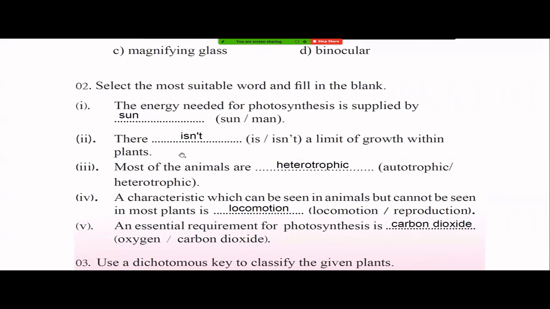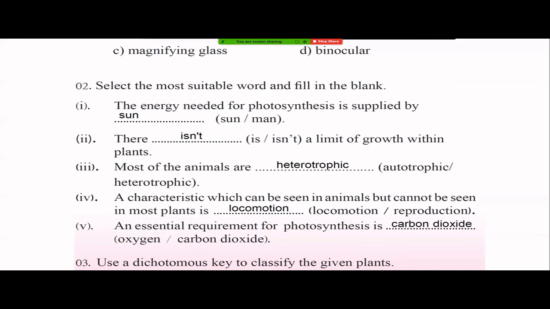When it comes to growth, both plants and animals have growth, right? Non-living things don't have any growth, but living organisms do, though there's a difference. Trees have unlimited growth, that means they are growing over their whole lifetime.